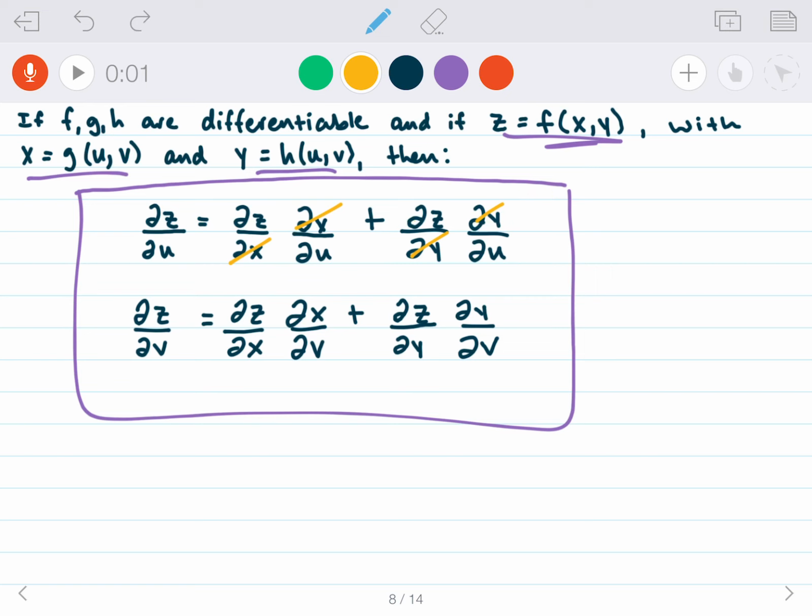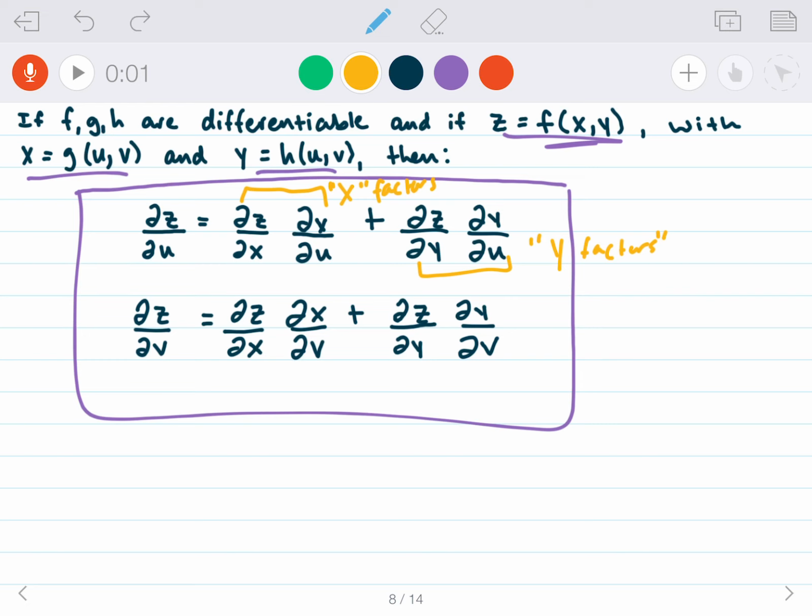So notice that we have the partial of z with respect to x times the partial of x with respect to u. Okay, so these are like my x factors. And then we have the partial of z with respect to y times the partial of y with respect to u, so we can think of these as our y factors, right? Both of these involve a y, and they both involve a u as well.